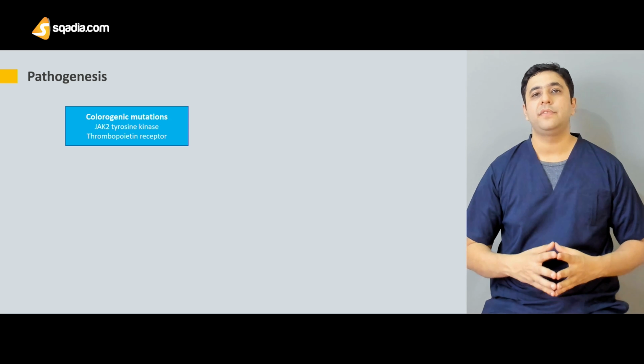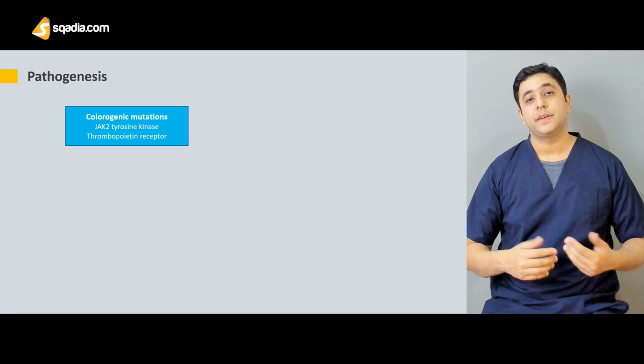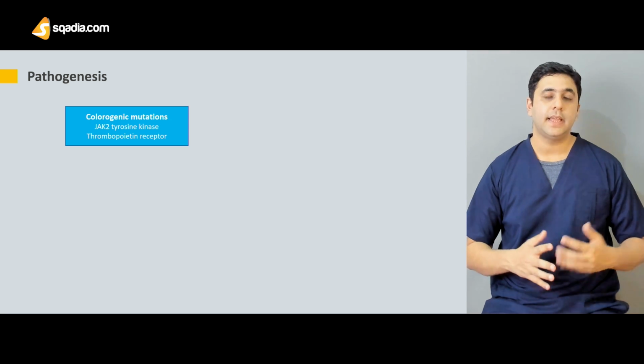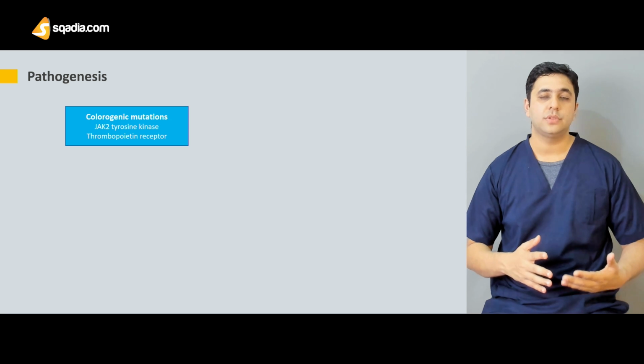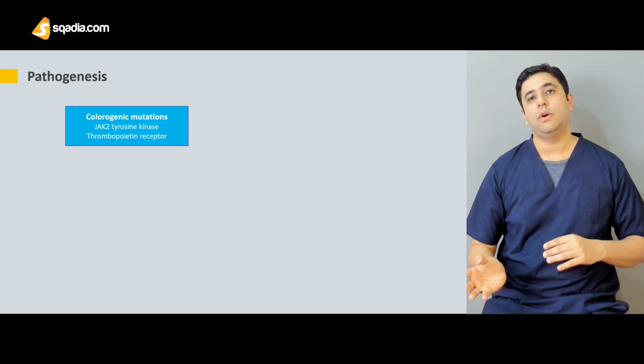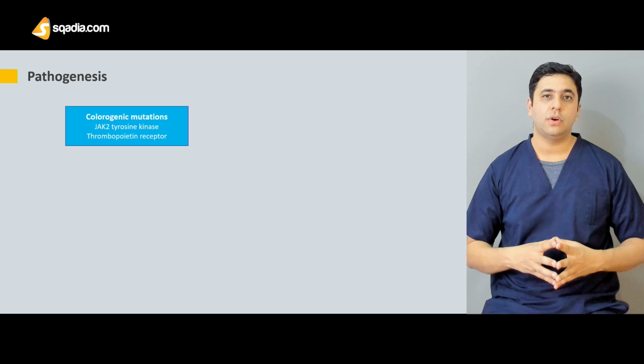For example, if it affects the erythrocytes, those erythrocytes are destined to become RBCs, and they will be the ones most commonly affected. But it can also, on a smaller scale, involve all the other cell lineages. That's why in most myeloproliferative disorders, almost all the cell lineages are increased.